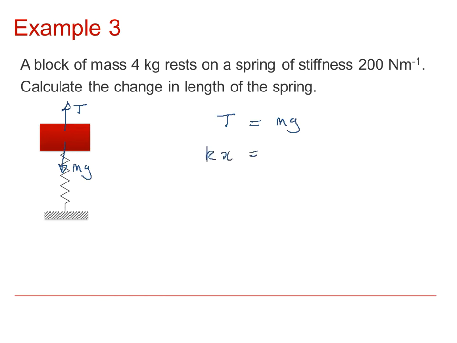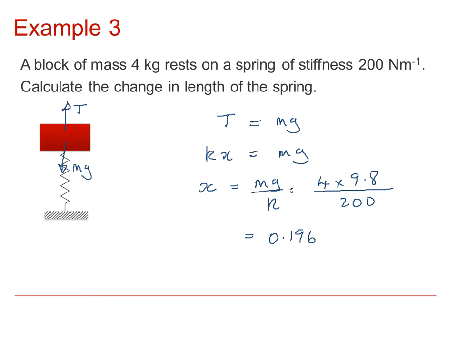So kx is mg, or the extension x is equal to mg over k. That's equal to mass 4 multiplied by 9.8 divided by 200, which gives us a value of 0.196. That will be meters, or if you wanted to express it in centimeters, 19.6 centimeters.